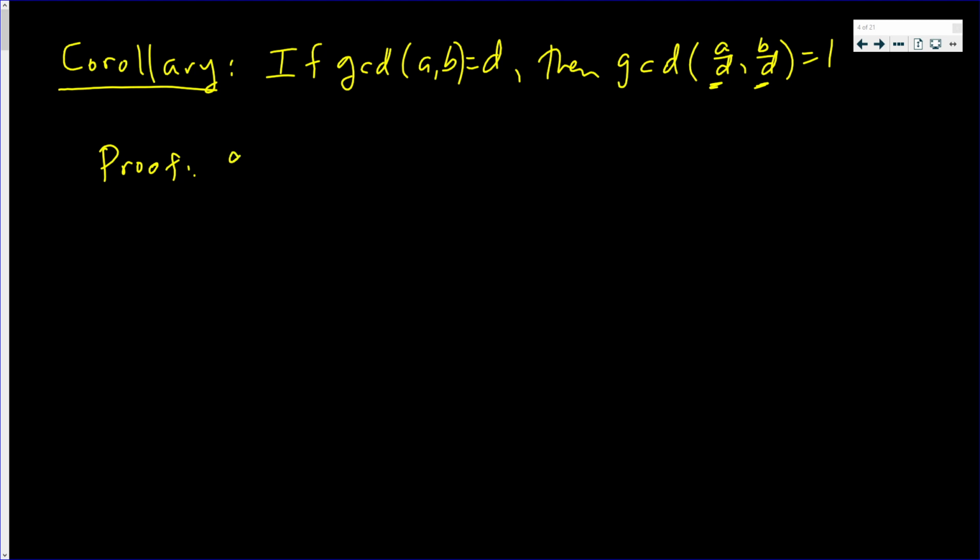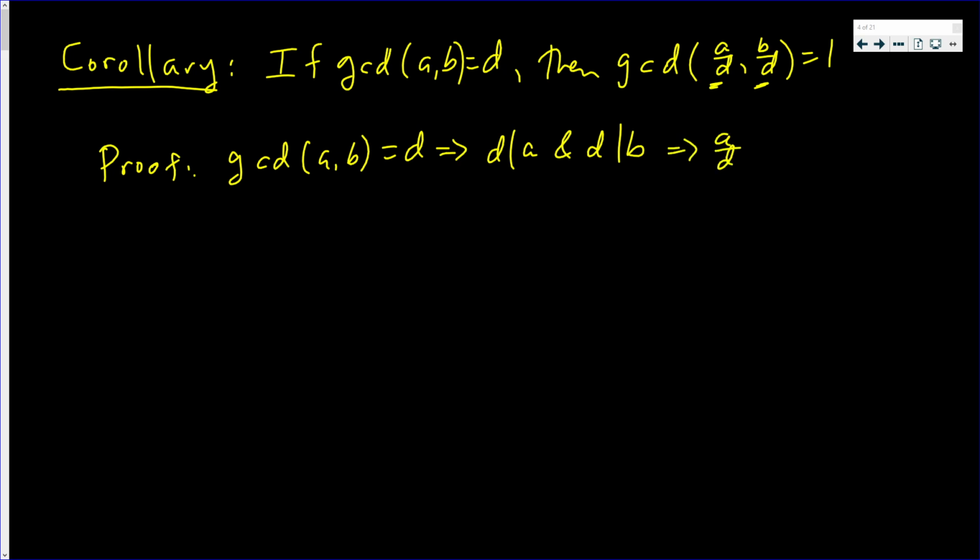The GCD of A and B equaling D implies that D divides A and D divides B. Well, that implies that A over D and B over D are integers. After all, what does it mean for D to go into A evenly? It means it's an integer.